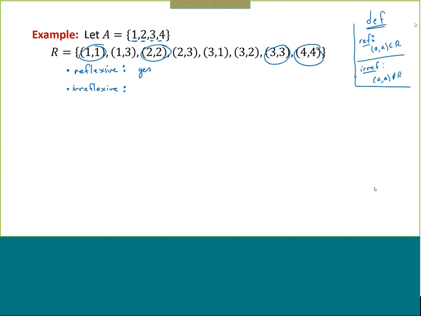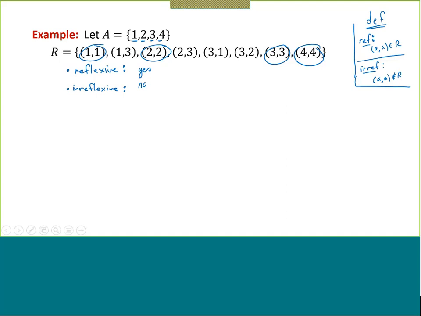Correct. So this one actually is not irreflexive. As soon as you have one of these ordered pairs of 1,1, you're not irreflexive. Typically, in your relation, you cannot be both reflexive as well as irreflexive. However, there are a couple of relations that can be both, okay? They are very rare.